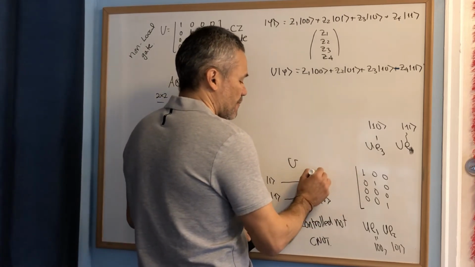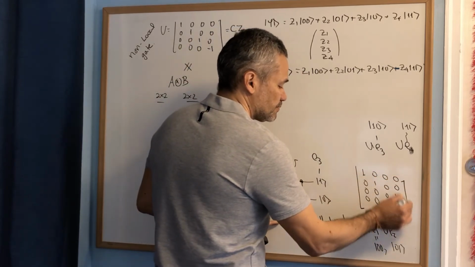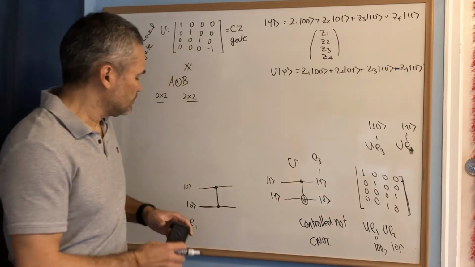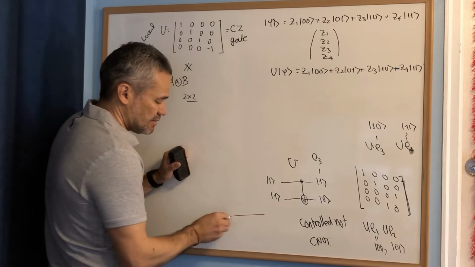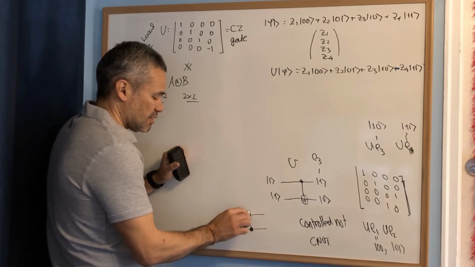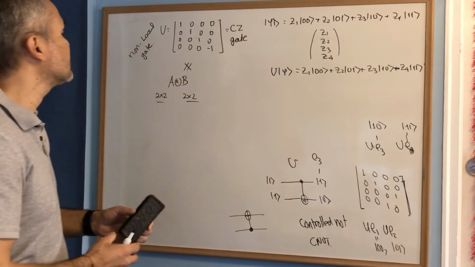And this is E3. We have 0, 0, 1, 0. Then this is a CNOT. We also have another CNOT like this. We can have the control here and the CNOT here. We can have this gate too.